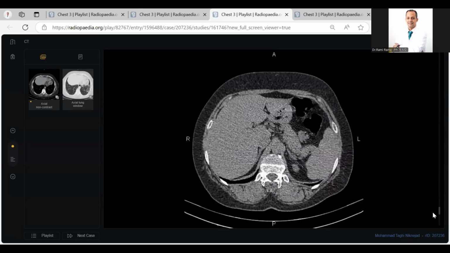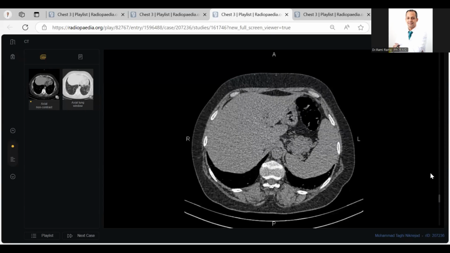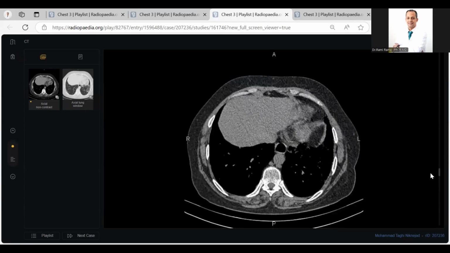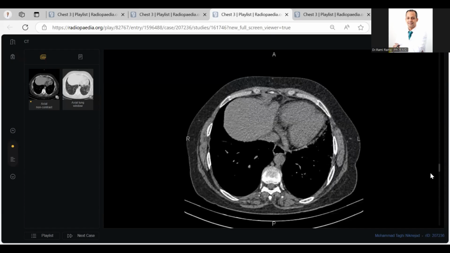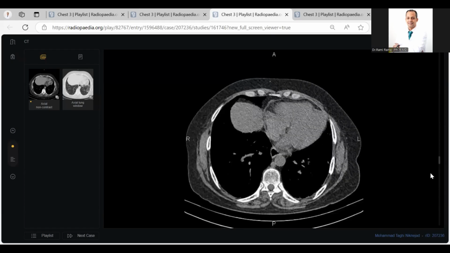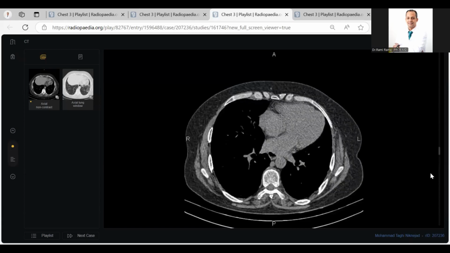I will look through the images, then I will commit my findings. Looking at this soft tissue window, the liver and spleen appear normal, and I am going upwards. The basal area of the lung appears normal. I'm going upward.